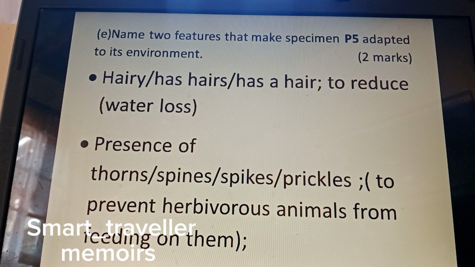Presence of thorns, spines, or spikes or prickles, any of those, you select one, to prevent herbivorous animals from feeding on them. So any of those 2 points will give you 2 marks. If you say hairy to reduce water loss, you get your mark. Or you say the presence of thorns to prevent herbivorous animals from feeding on them.